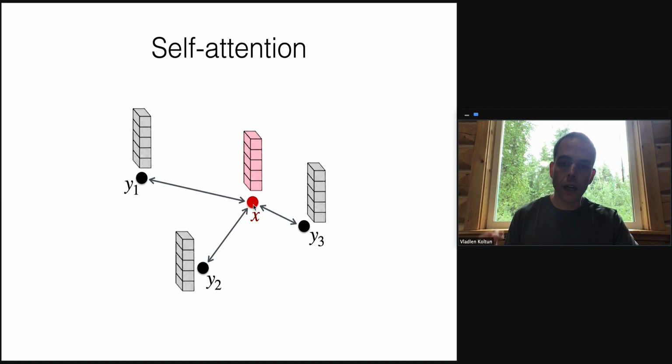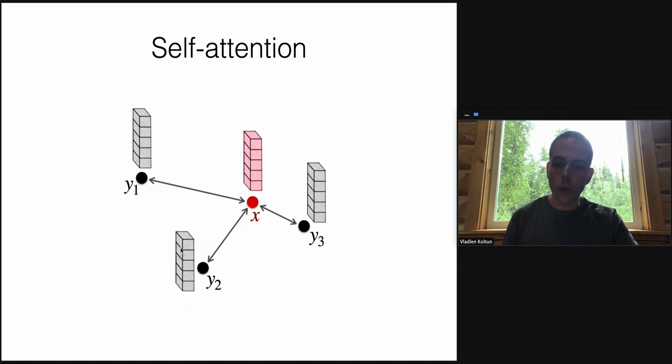So the point X looks around and sees there is a point Y3 that is pretty close. It's going to compute the distance between X and Y3. That is going to determine the weight at which the point X takes the feature from Y3 and aggregates it. So the weight with which the feature from Y3 is taken by X is determined by the distance between X and Y3.